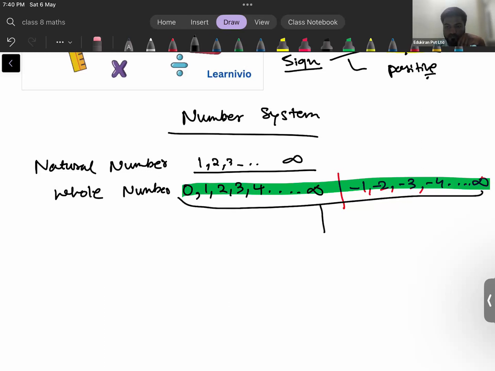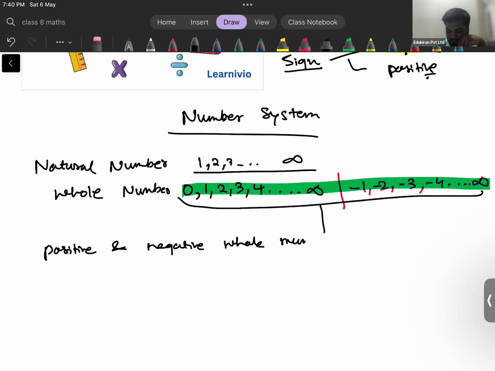A number line, sir. Yeah, that's the method of representing these values on a straight line that we call a number line. But what do we call the collection of positive and negative whole numbers?